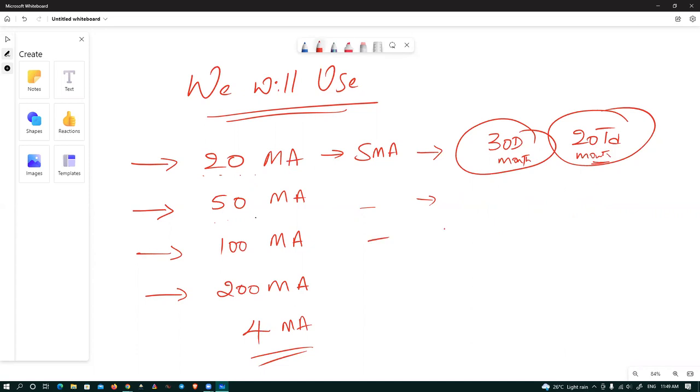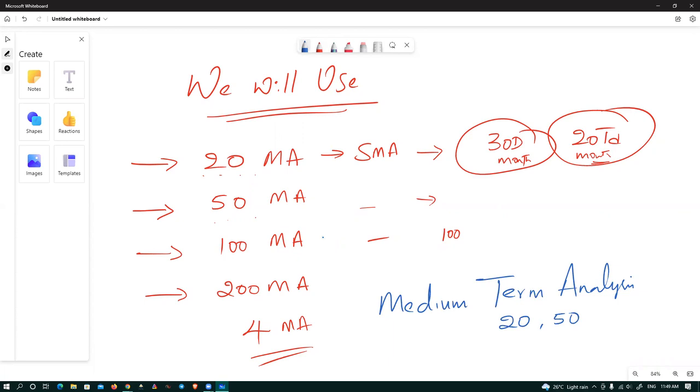Now 100 is the same concept, and 200 is the same concept. When you are using medium term analysis, you are going to use 20 and 50.